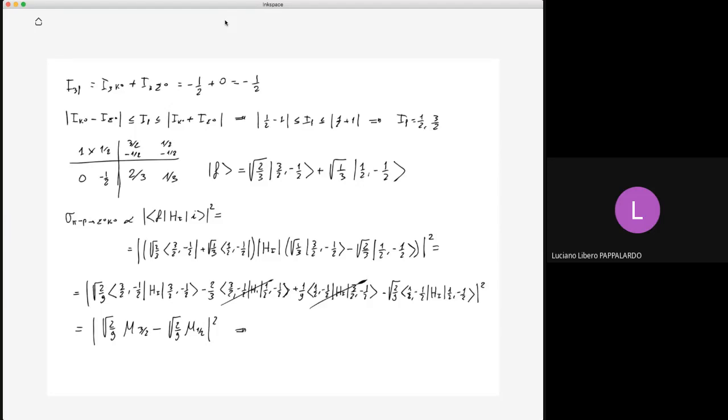So if you like, we can write sigma for pi minus proton into sigma 0 K0 must be proportional to 2/9, and then we have M 3/2 minus M 1/2 squared.